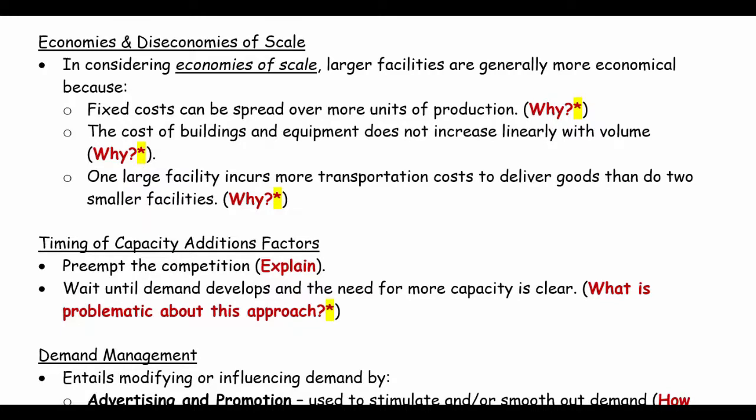All right, next question. Timing of capacity additions factors. Well, you say we need to increase our capacity. What should we take into account? Well, one thing that you should take into account is you should preempt the competition.